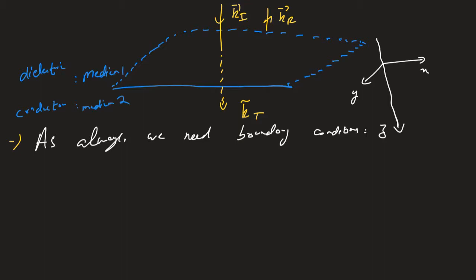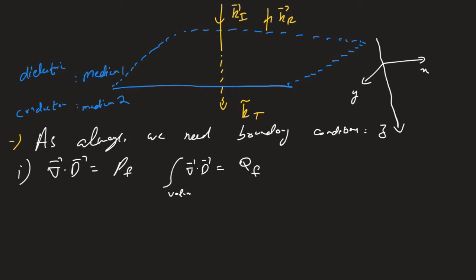First of all, our first boundary condition would come from the first Maxwell equation, which is that del dot D is equal to the free charge density rho f. So the integral over the volume of del dot D is equal to Q_f, the total free charge.